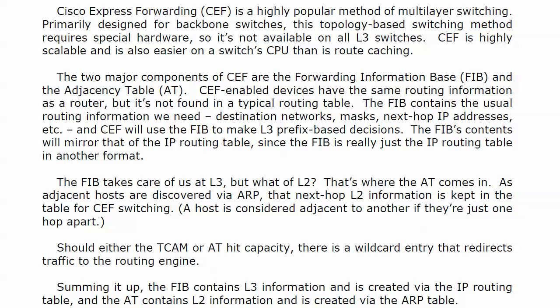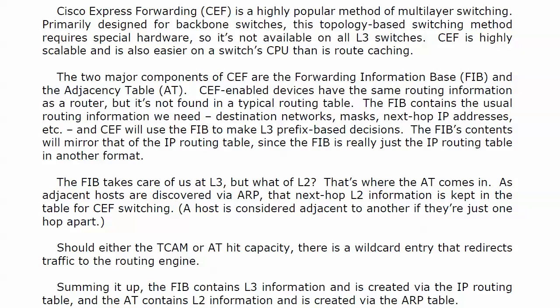We have two major components of CEF, the forwarding information base, the FIB, and the adjacency table, the AT. The CEF-enabled devices are going to have the same routing information as a typical router, a pure router, if you will, but it's not found in a typical routing table.